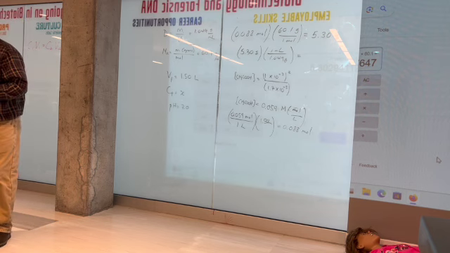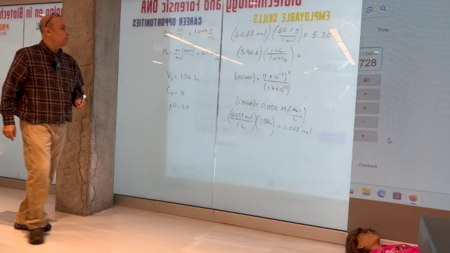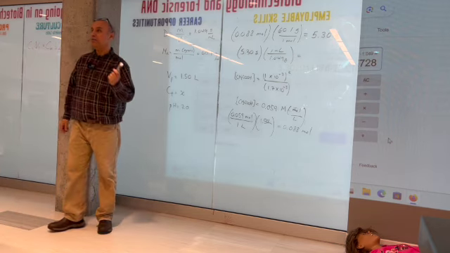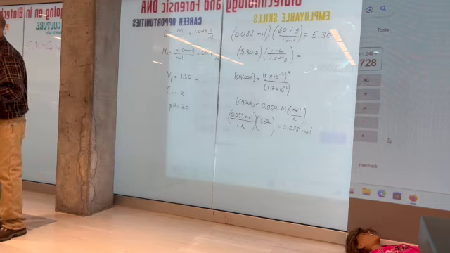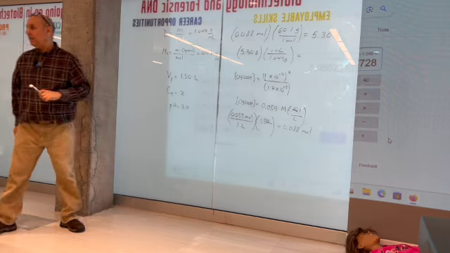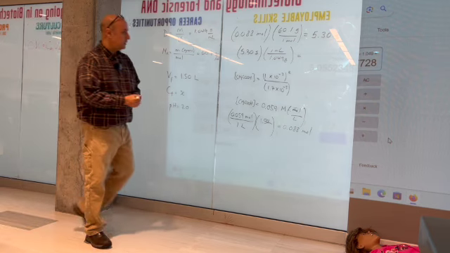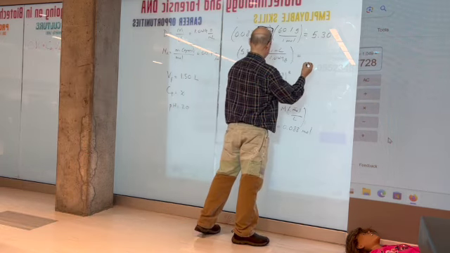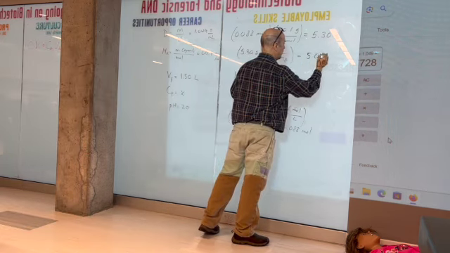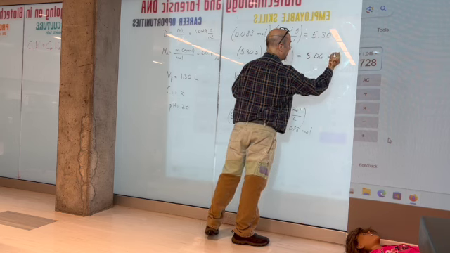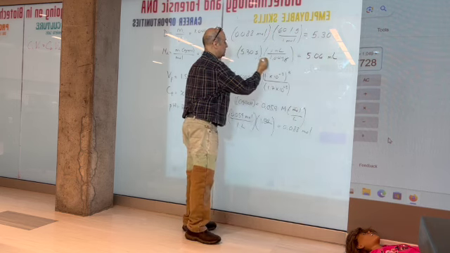So 1.049. Now, here's a caveat. Whatever answer we get, we're going to have to verify to see if we can solve it with Henderson-Hasselbalch. Okay? So I got 5.06 milliliters.